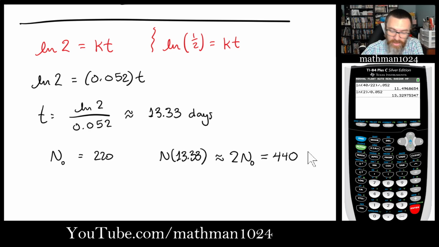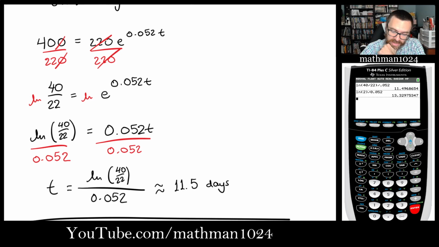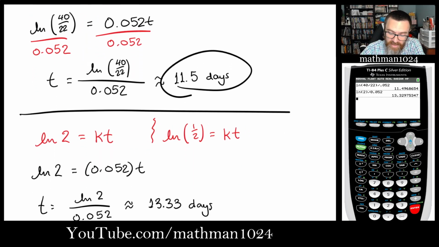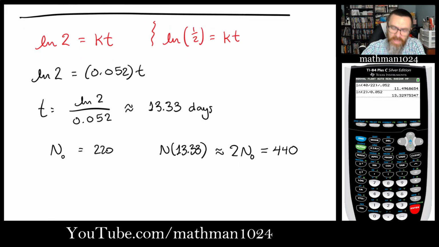All right, so let's check that out. Now, from what we saw in the past, it takes us 11 and a half days to go to 400. So to go to 450 would take more than 11 and a half days. So 13.33 sounds appropriate.